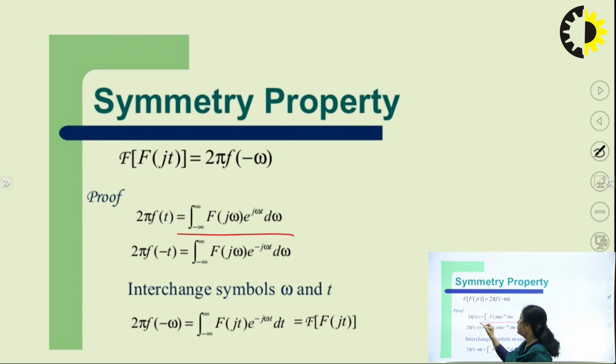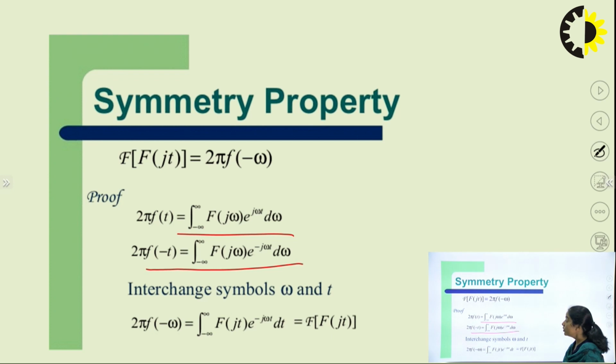Now if we take 2 pi f of minus t, instead of t you just need to write minus t in this part also. So 2 pi f of minus t is this. By interchanging the symbols omega and t, instead of t you write omega here, and instead of d omega here you write dt. So you will receive this. Okay, so this is the symmetry property of the Fourier transform.